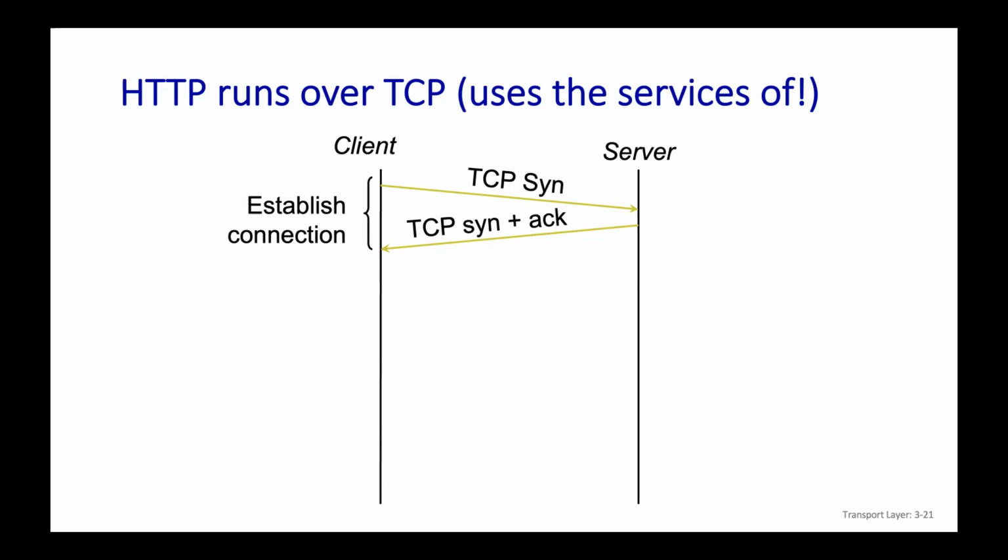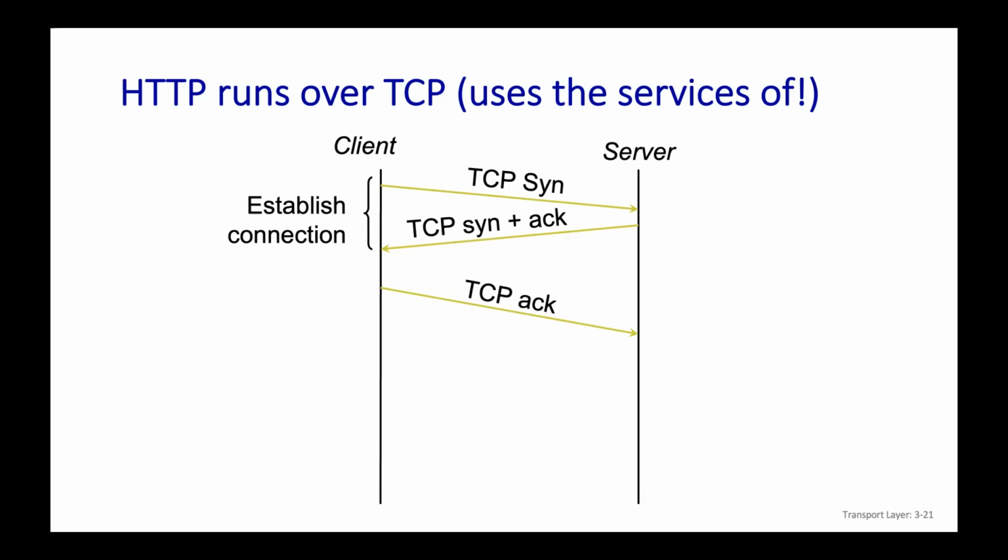The server will acknowledge that with a TCP SYN plus ACK. SYN is a synchronizing packet, and then you acknowledge that packet, and finally you have a TCP ACK. This is called the three-way TCP handshake. After this is completed, we say that the TCP connection is established. Once again, the details will come back in the next chapter when we talk about TCP.